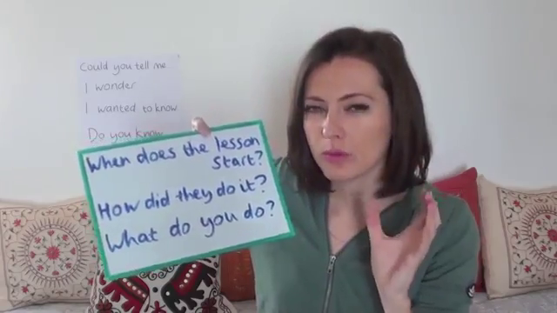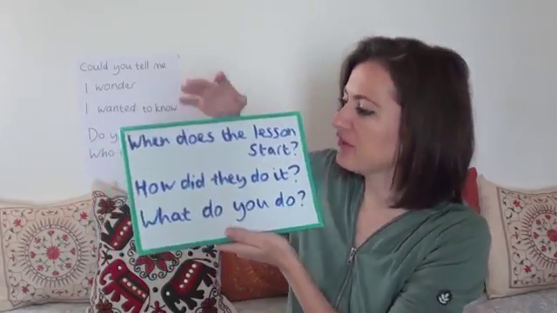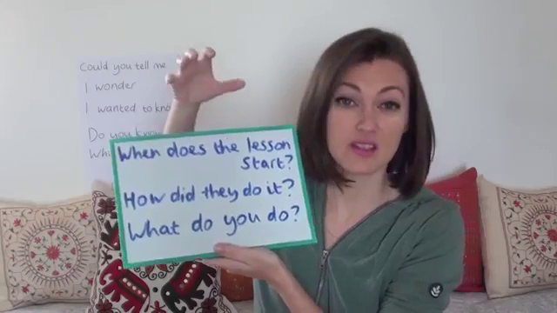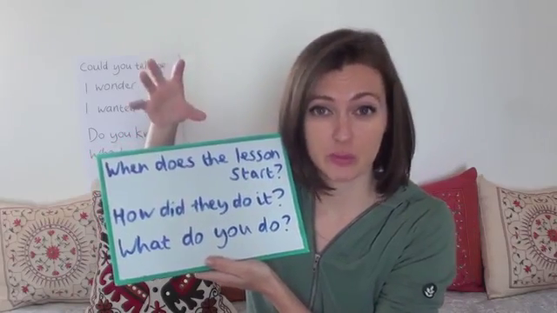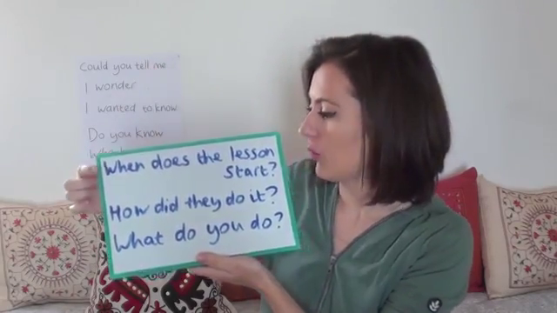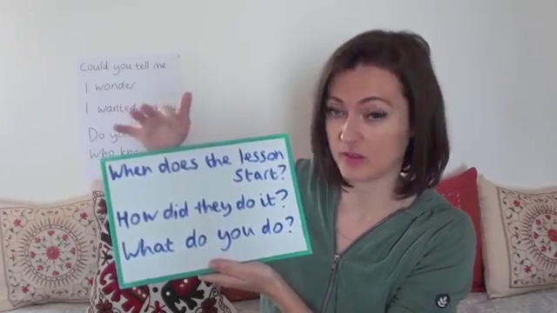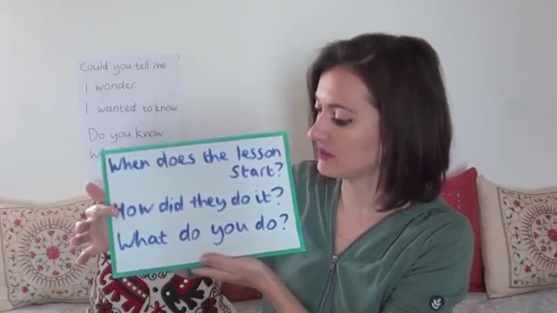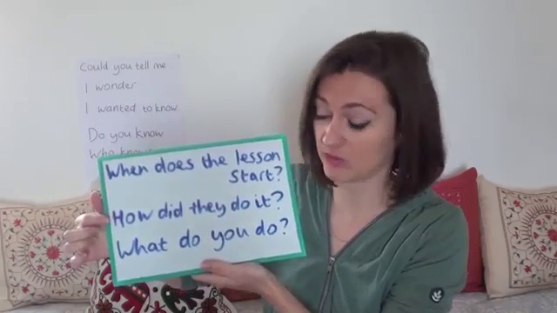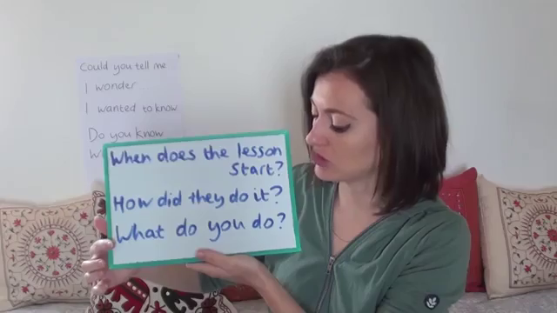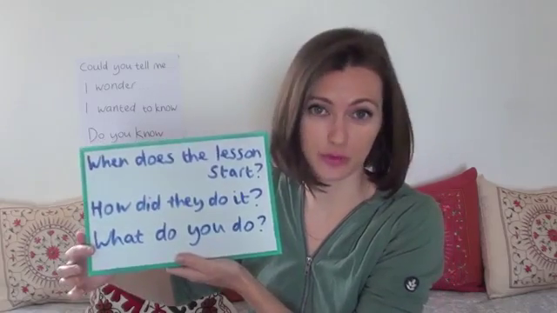So what we want to know now is how do we fit a question that's the present or the past simple, such as when does the lesson start? This is the present simple form. When did they do it? That's the past simple question form. And what do you do? That's the present simple form again.